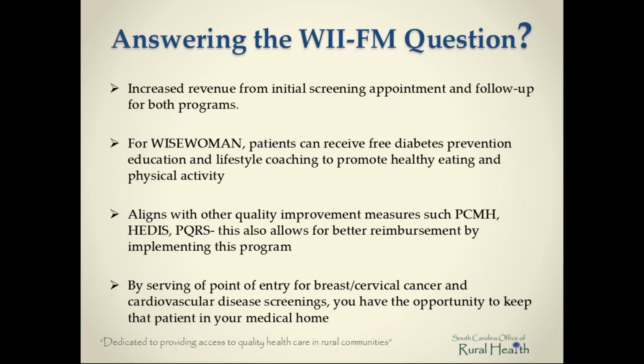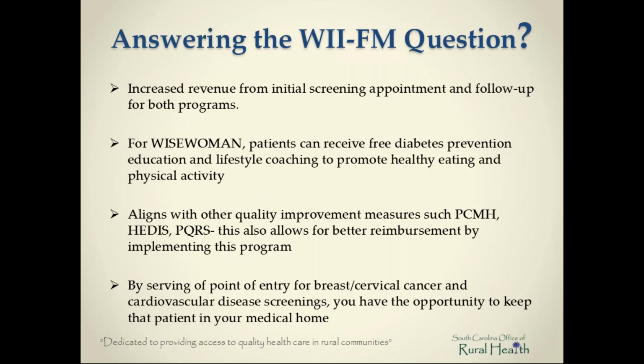Many of the services that are provided through the BCN and Wise Woman programs also align with quality improvement measures for the Patient-Centered Medical Home program, your HEDIS measures, as well as the Physician Quality Reporting System. So you will receive credit for having these services already provided, and most importantly, documenting them in your system. So really having your EHR support the work that you're doing in person and being able to receive credit for that.